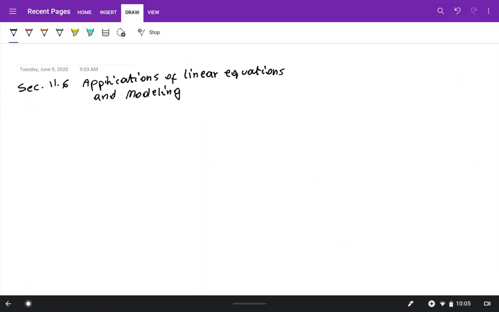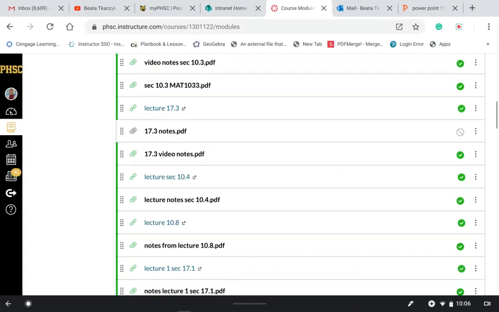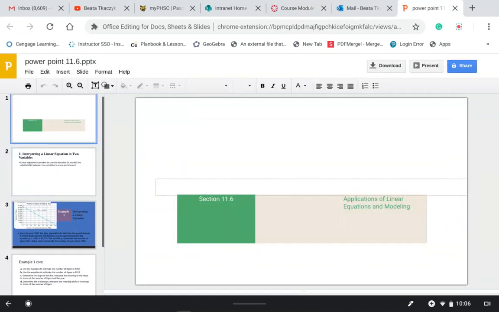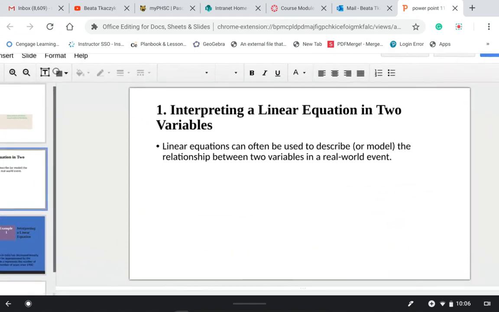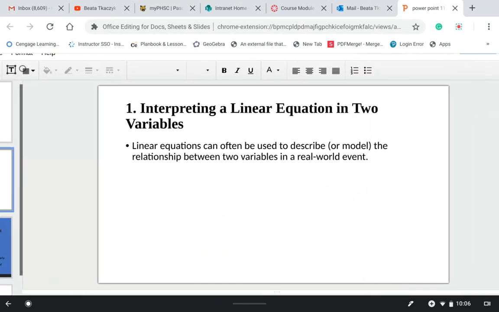11.6 is about application of linear equations and modeling. So here what we're going to do is learn how to interpret the linear equation in real life word problems. Again, 11.6 is the word problems, and it's going to talk about how to interpret the linear equation in two variables.